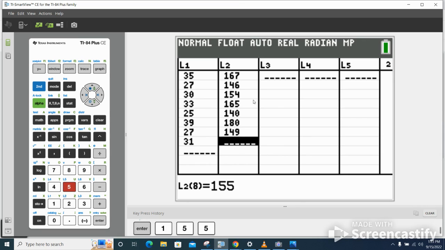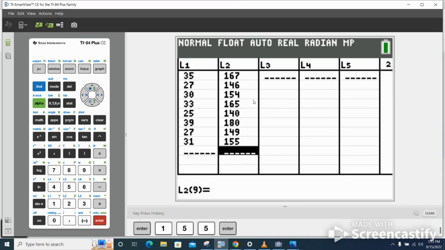So now I'm going to double check everything. 35, 167, yes. 27, 146, yes. 30, 154, yes. 33, 165, yes. 25 and 140, yes. 30 and 180, yes. Or 39, I'm sorry. 39 and 180, yes. 27 and 149 and 31 and 155.